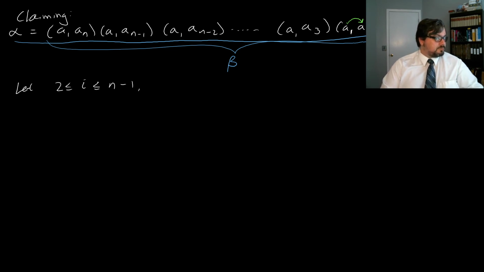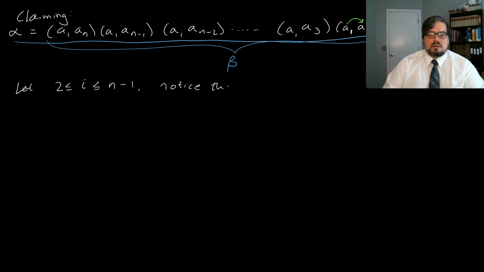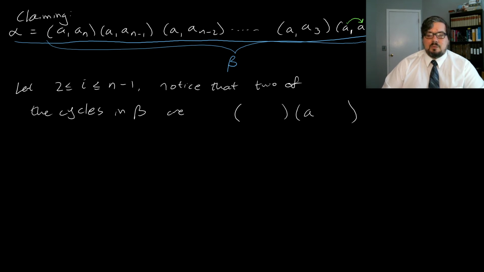All right, so then notice that two of the cycles in beta are, and these are right next to each other, (A_1 A_i) and then (A_1 A_{i+1}).